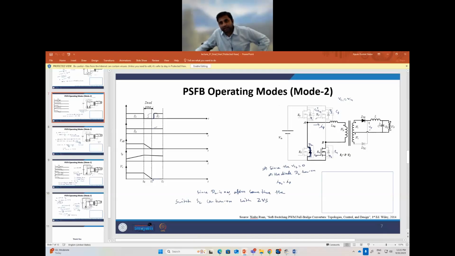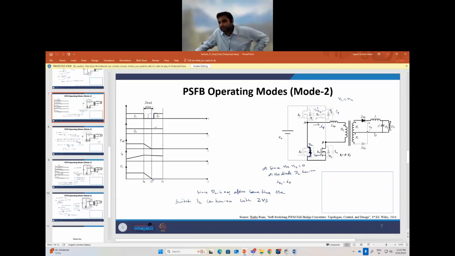The output inductor current is generally kept large, such that the ripple is less than 10%. If your load current is 10 ampere, you are assuming the peak to peak ripple to be 1 ampere. So you can neglect that as well. You got my point?